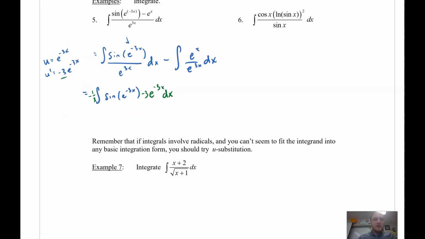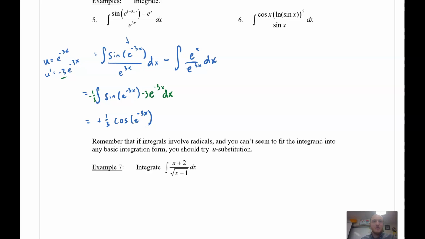Okay, so I have a negative 1/3, and the integral of sine is negative cosine, so that's going to make this a positive 1/3 cosine of e to the negative 3x. Okay, and there's that piece.